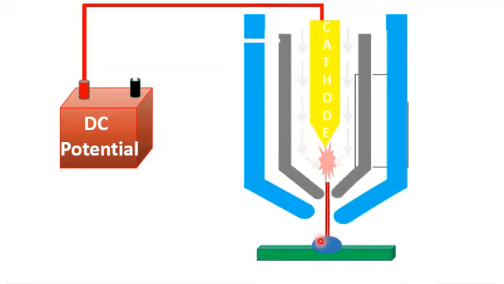This small region or small part of the cathode which is melted and converted into a vapor of plasma is known as the cathode spot.